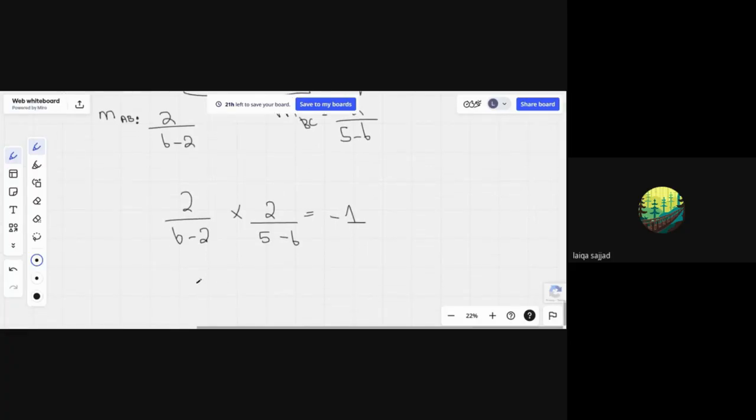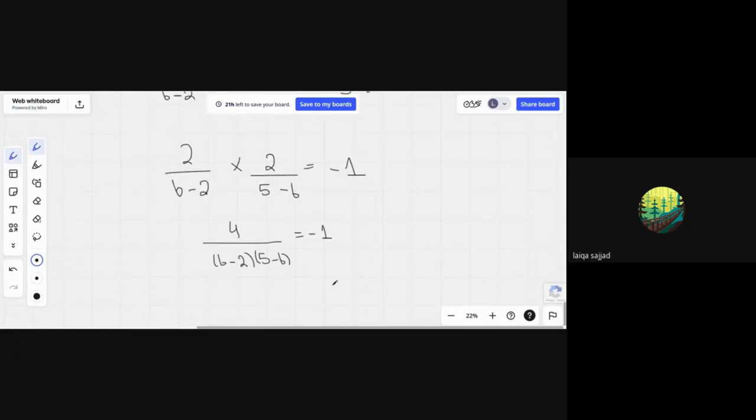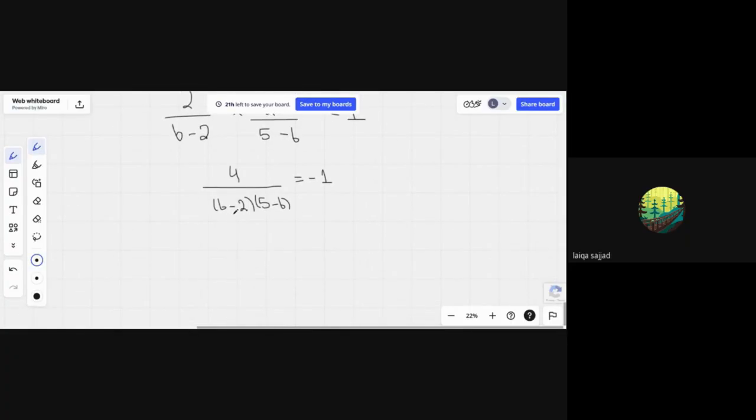Now we can multiply them and we will be left with 4 over b minus 2 times 5 minus b, equal to -1. Then you can move these terms to the other side and it will become minus into b minus 2 and 5 minus b.